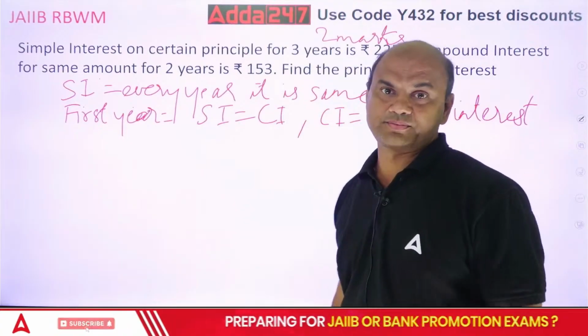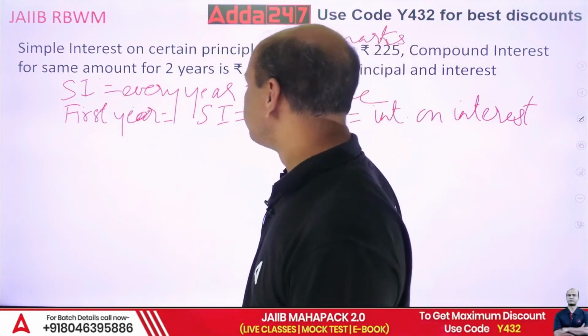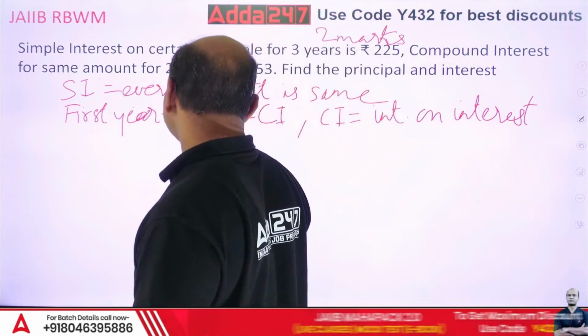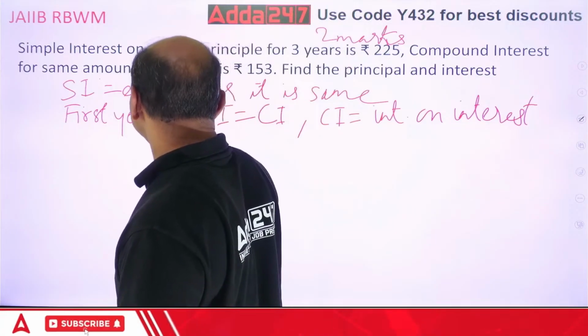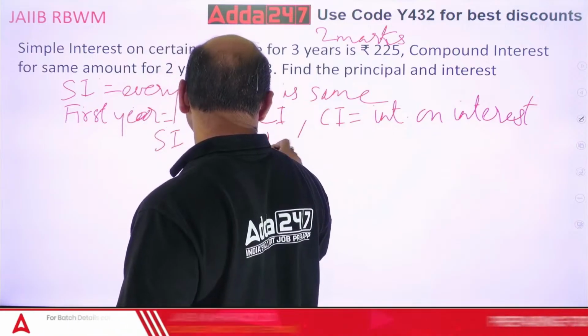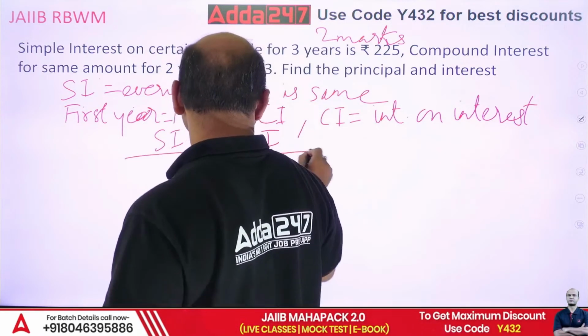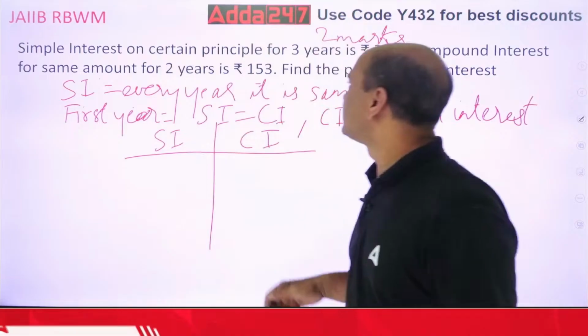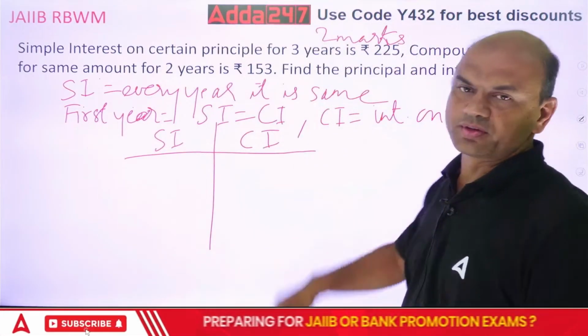So, simple interest. What is given? Let's write it. Simple interest and the second one is compound interest. What is given? Simple interest for 3 years is 225.